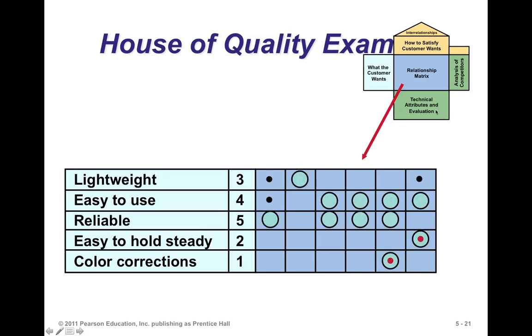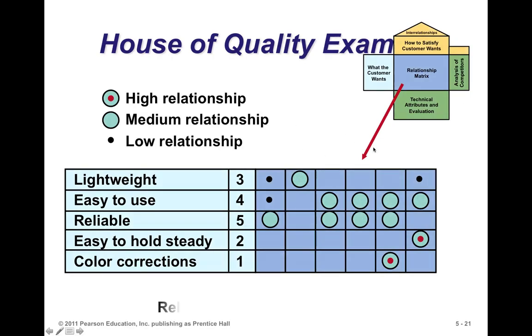Now we're going to assess the relationship between those hows and those wants. The body of the matrix allows us to tell whether the relationship between the hows and the wants is low, medium, or high. For example, we see color correction.